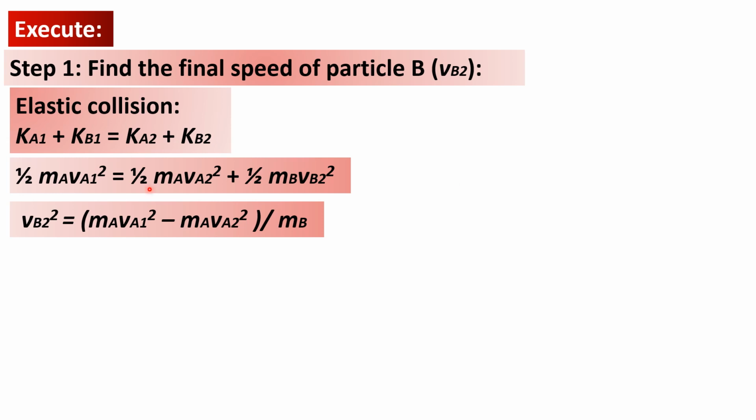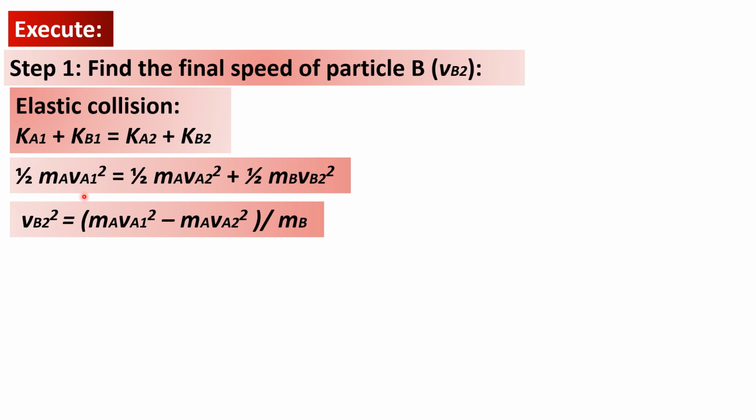So in this equation we have the transposed equation to find v_B2. You will also notice that there is a factor of 1/2 in each term of the equation, so we might as well cancel it out to further simplify our equation.